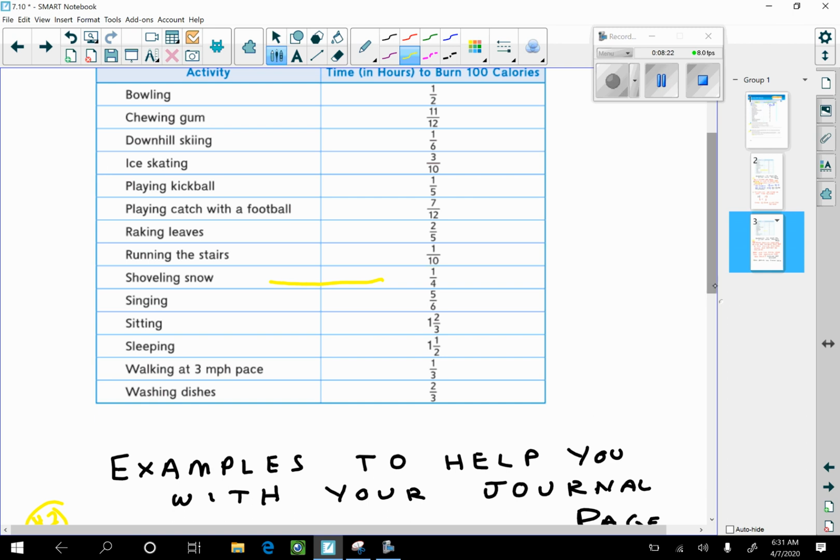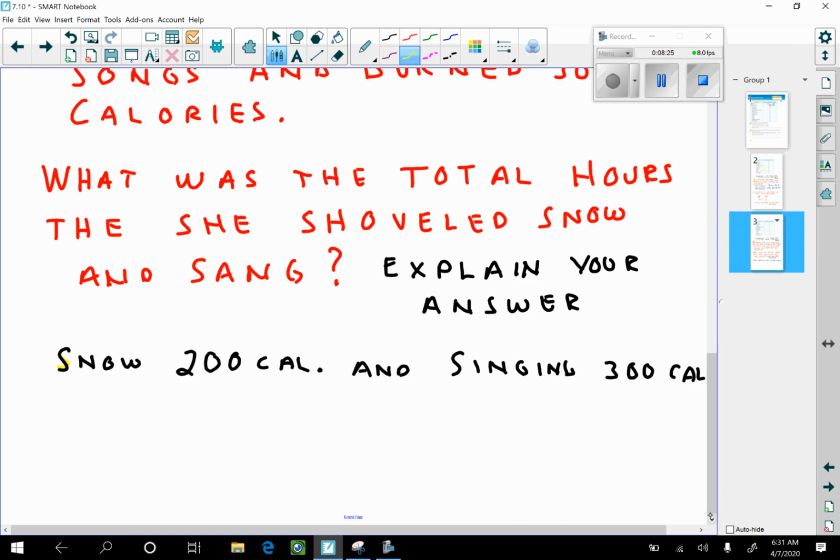So if she burned 200 calories, then it took her 2 times 1/4 of an hour, and this we know, 1/4 an hour for 100 calories. She worked 2 times 1/4 to burn 200 calories shoveling snow.